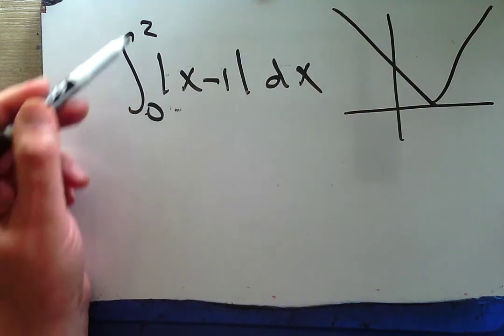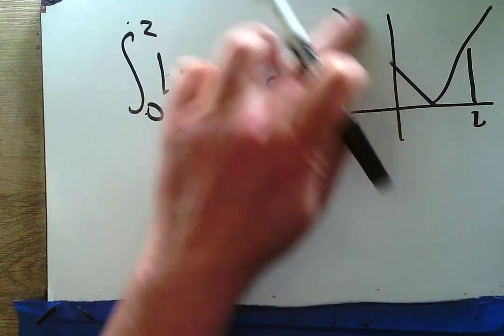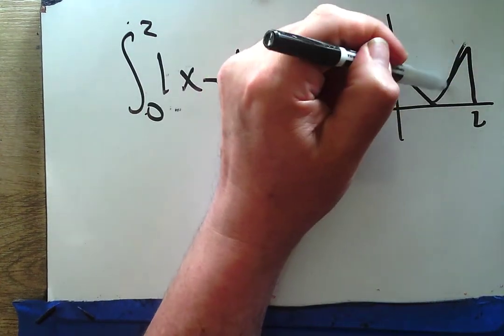And we want to integrate from 0 to 2. So there's 2. We don't need that. We don't need that.